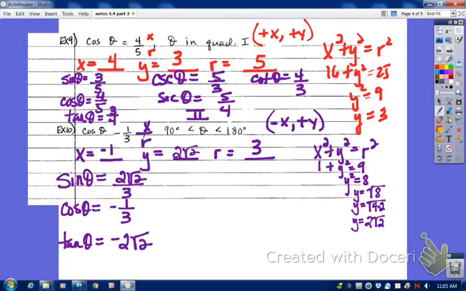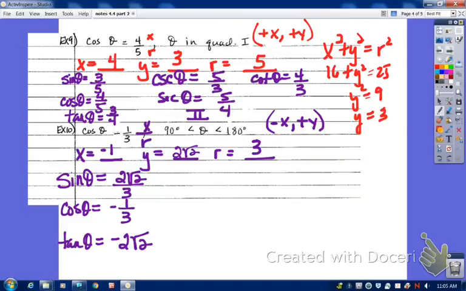All right, and then I'm just going to use my reciprocal identities to find the last 3 trig functions. So cosecant is going to be 3 over 2 square root of 2. I'm going to have to rationalize. That's going to give me what? 3 square root of 2 over 4.